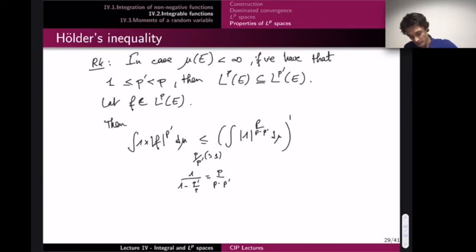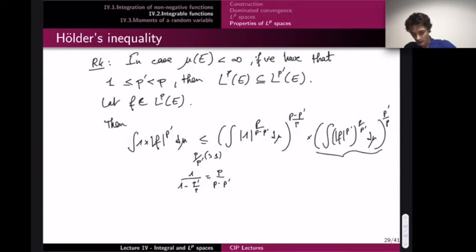So here I should have p minus p prime over p times the integral of f to the p prime to the power p over p prime d mu, to the power p prime over p. So actually this is the LP norm, because all the exponents simplify.